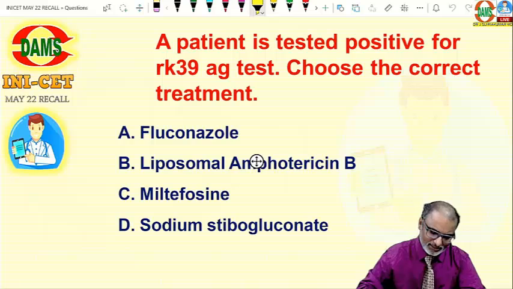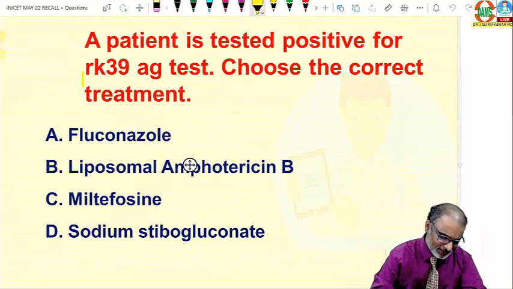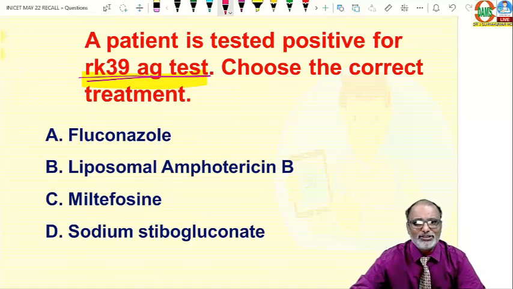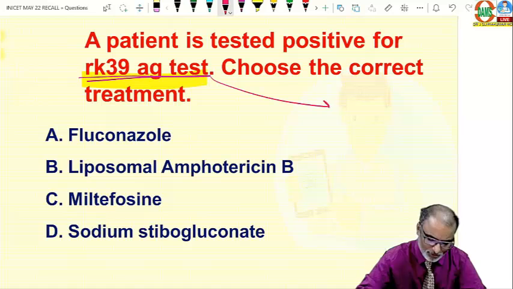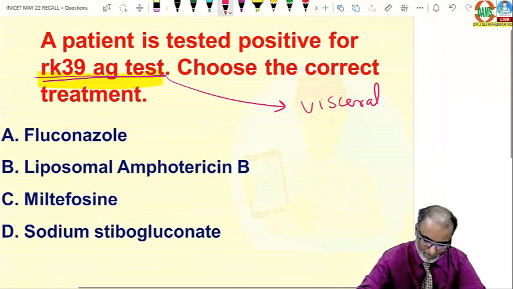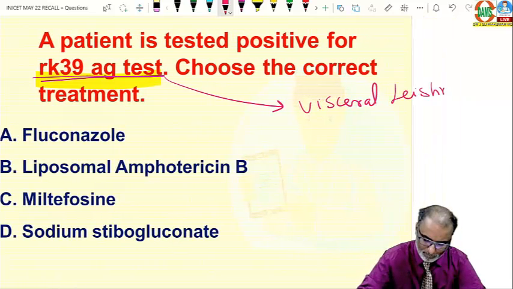Next is, a patient tested positive for RK39 antigen test. That's a clue. Nowadays the test is not in use, but still not very specific because they are using Mycobacterium species to diagnose leishmania. If this test is positive, it indicates visceral leishmaniasis, which is caused by Leishmania donovani.